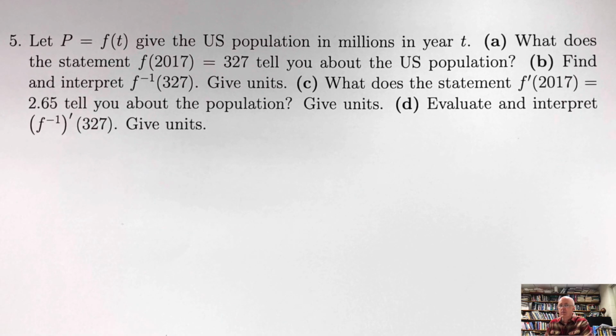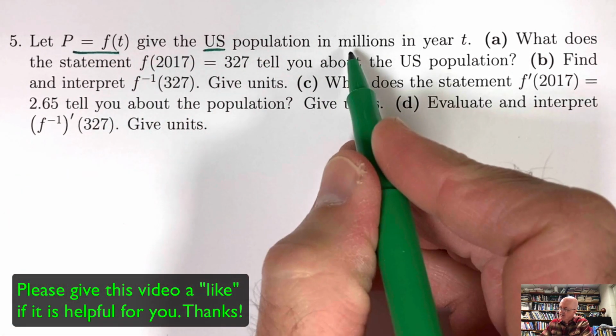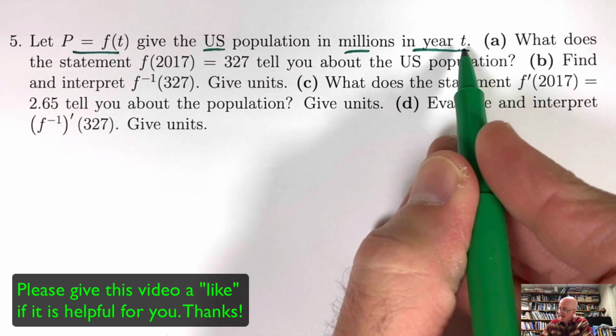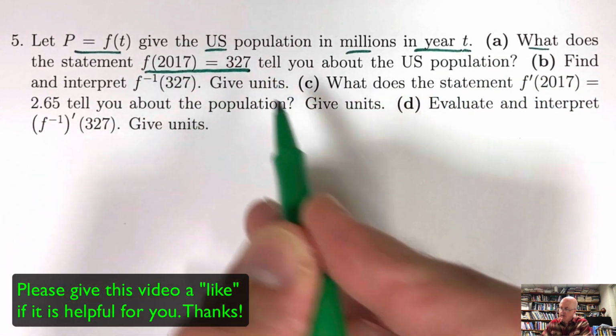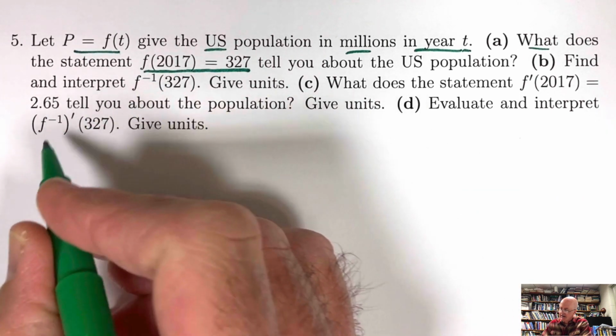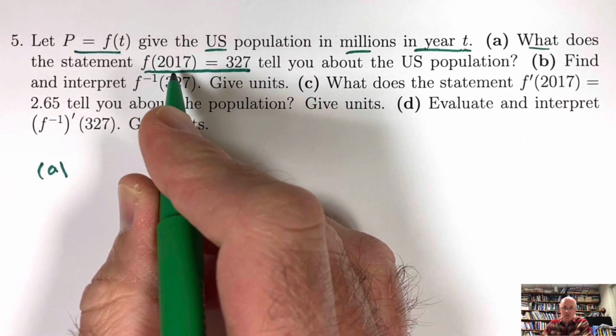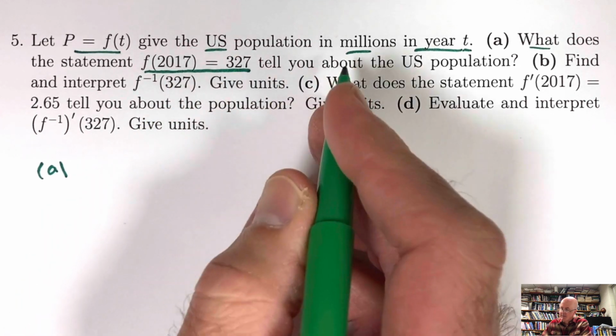Our last two problems are word problems that are practical situations, though we need the abstract formula. Let P equal f of t give the US population in millions in year t. Part A, what does the statement f of 2017 equals 327 tell you about the US population? All right, that's the year 2017, 327, that's in millions.